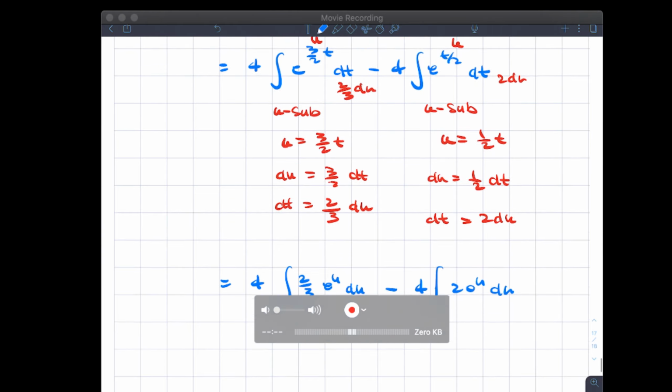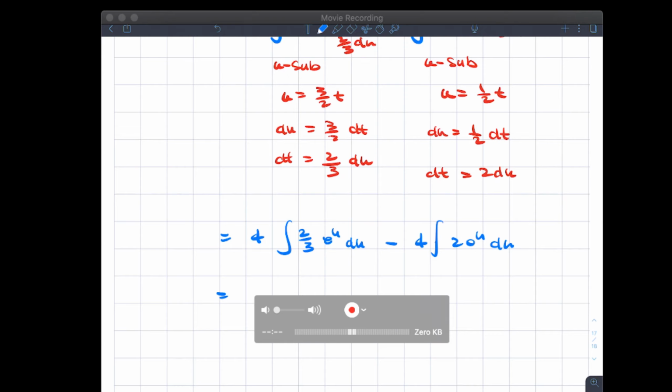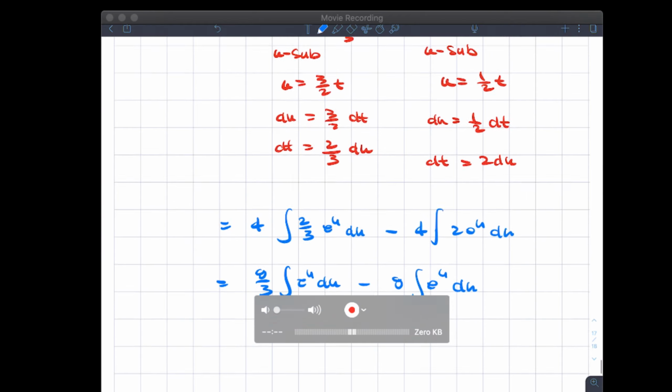And you guys know these are different u's. So this is 8/3 integral e^u du minus 8 integral e^u du, different u's.